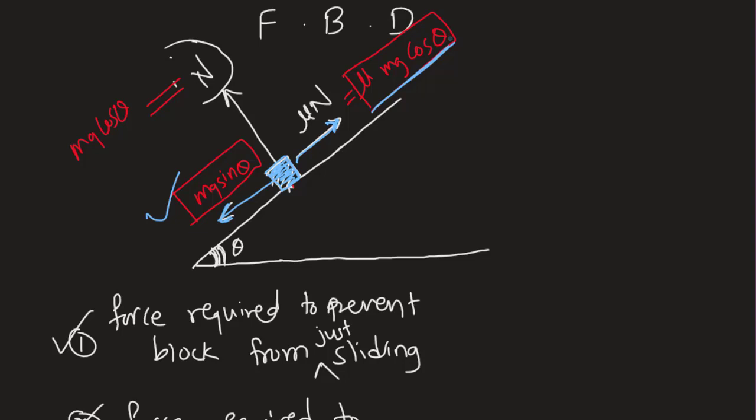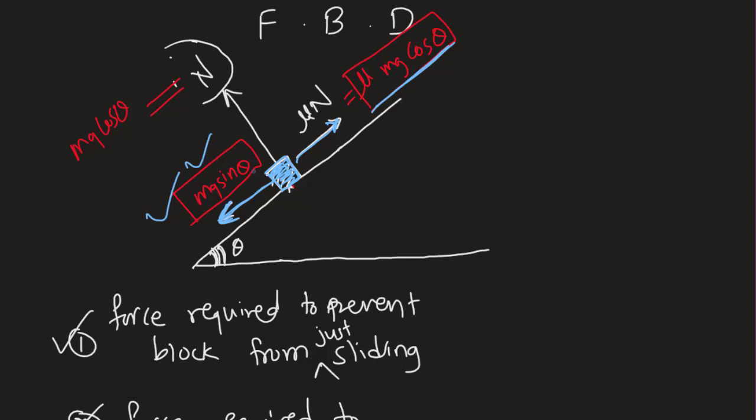Now what we want to find out is the force required to prevent the block from just sliding. So let us say the block is sliding down, but we want to prevent it from sliding down. So how much force will we need? Now you can easily find out on this diagram that this particular force mg sine theta is forcing this block in the downward direction.